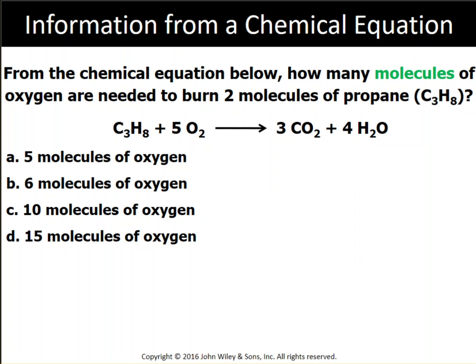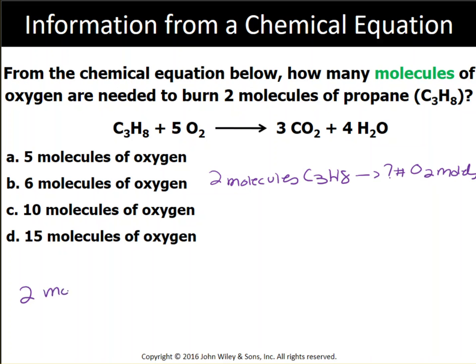So from this balanced chemical equation, you want to know how many molecules of oxygen are needed to burn 2 molecules of propane. So if you have 2 molecules of propane, you want to know how many oxygen molecules you're going to need.